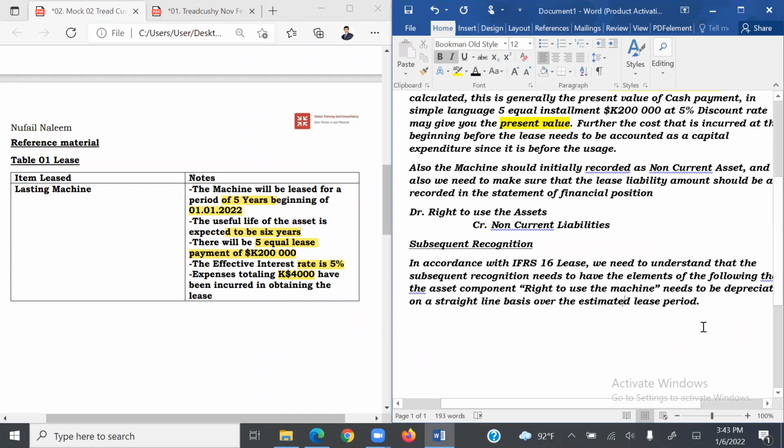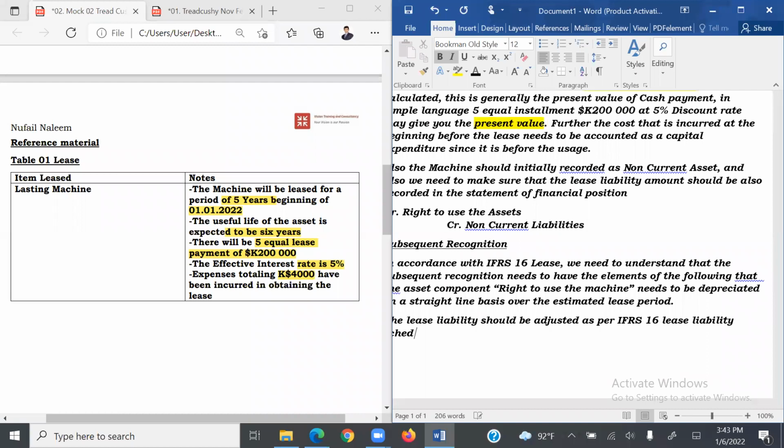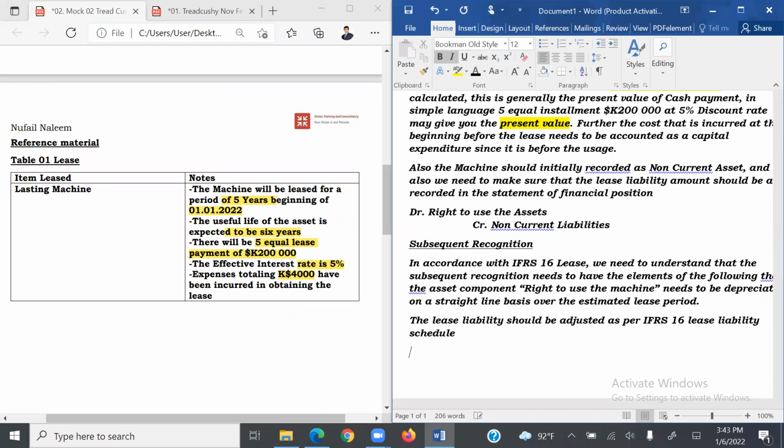Now coming to the next section, that is the lease liability. The lease liability should be adjusted as per the IFRS 16 lease liability schedule. In the suggested answers, they are not referring to anything, but I will guide it to you so that it is very clear.